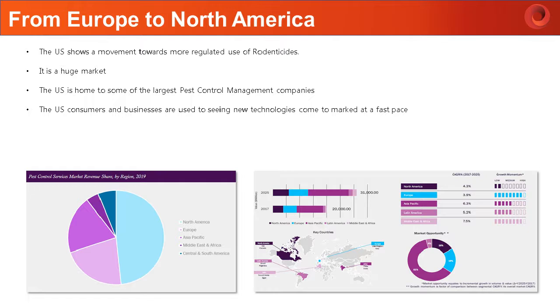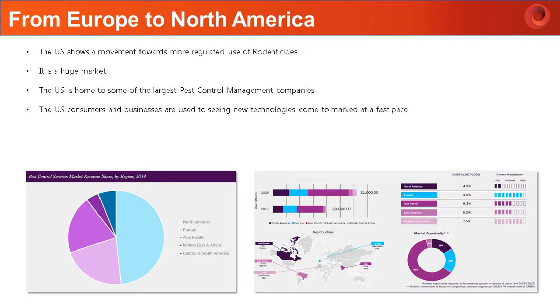Well, given the numbers that we just showed you on the US rodent pest issues, and that the market is actually dominating the global pest control revenue with almost 50% of the share, and the fact that we believe the US is progressive, at least in states like California, when it comes to the environment, then it definitely does make sense to look at a solution that can cover both the North American region as well as the European region.